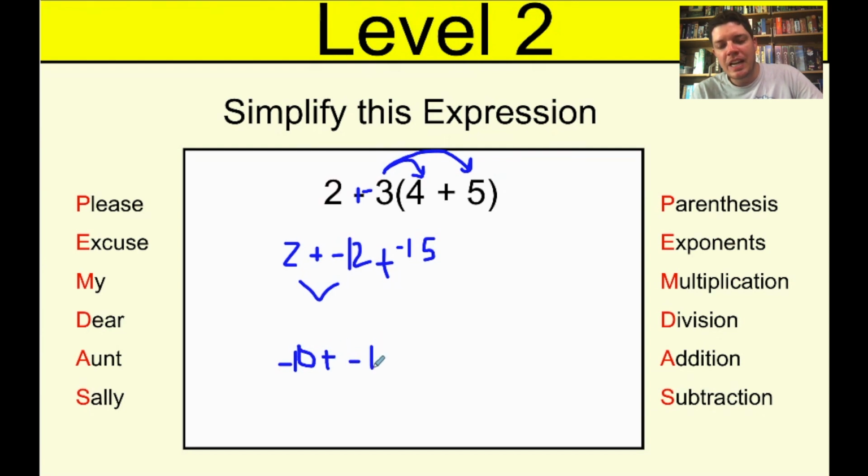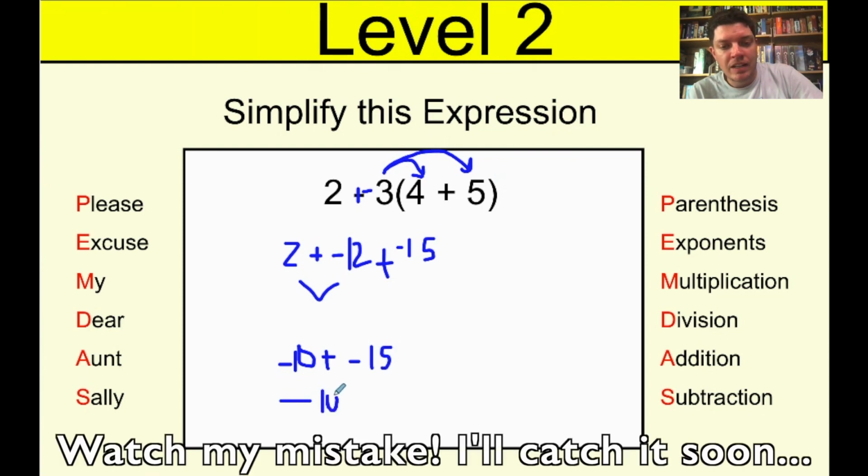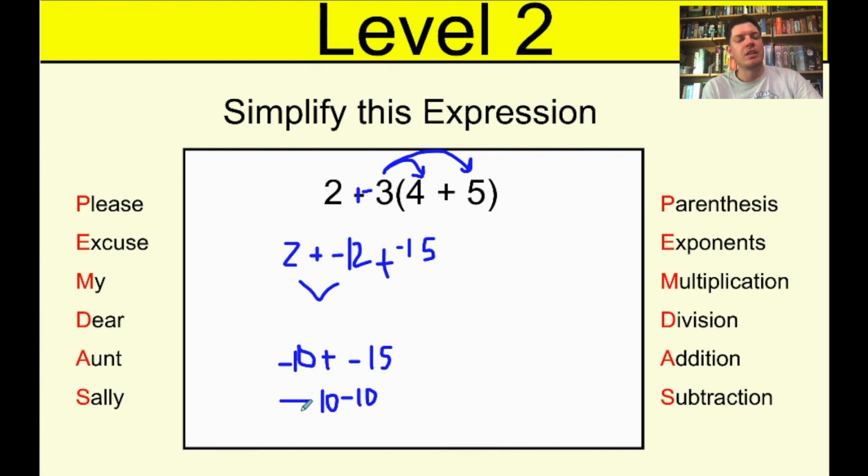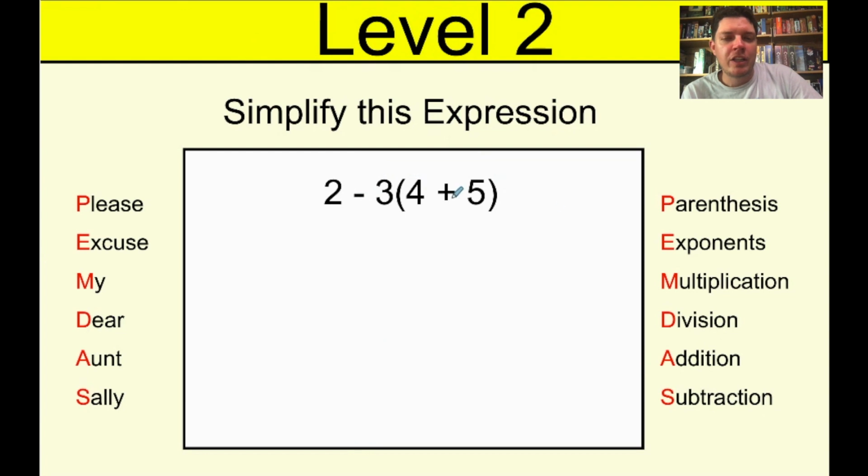And negative 10 plus negative 15, or you could say negative 10 minus 15, because adding a negative is the same as subtracting, like we talked about early on in this video, and that would end up being negative 20. So that's one way to solve this problem. Let me clear the ink. I'm going to solve it probably the way that you would solve it.